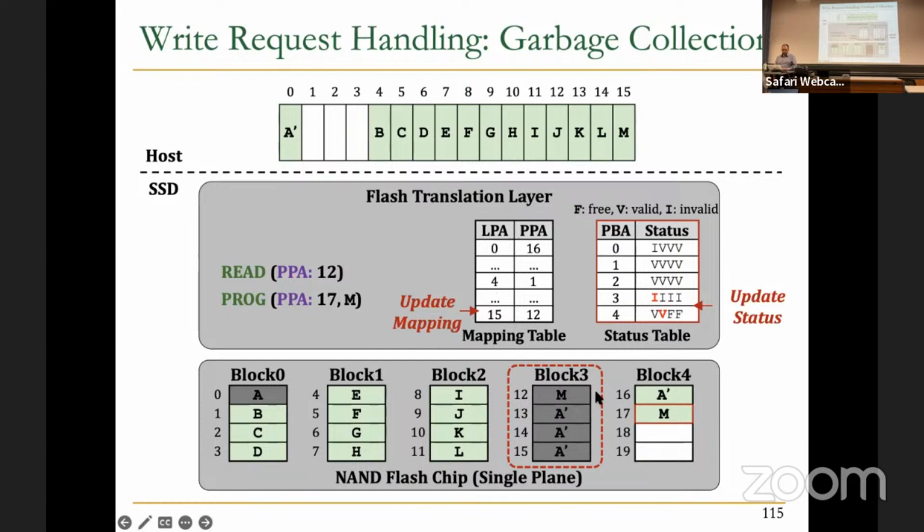Now you need to update the mapping also for this M. In the past, logical page address 15 was mapped to physical page address 12, but now you need to map it to 17, right? So how can you get that information?